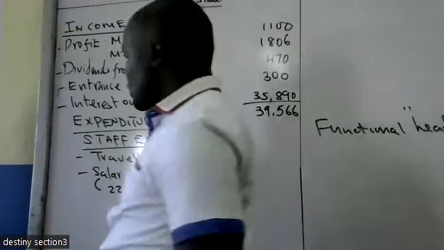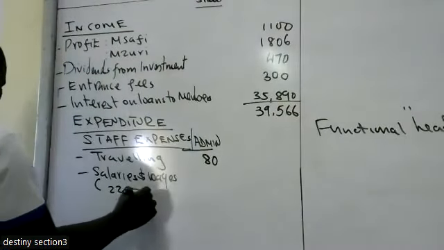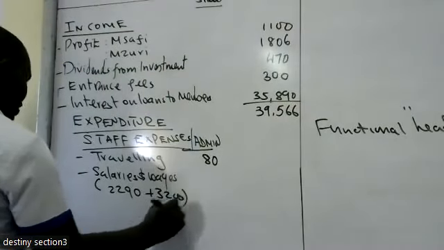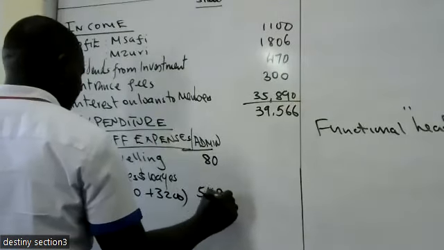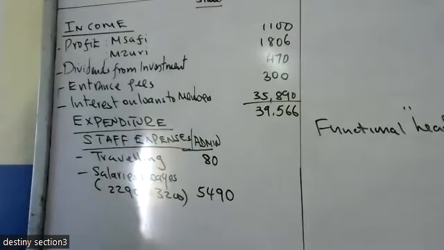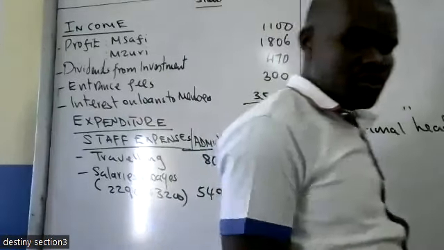So how much is accrued? 200. When you add, proceed to check any administrative or staff.